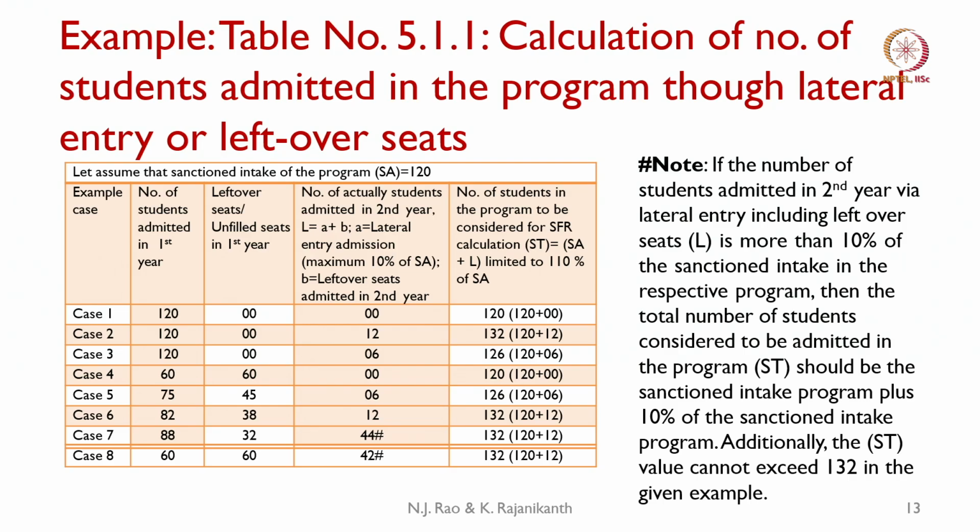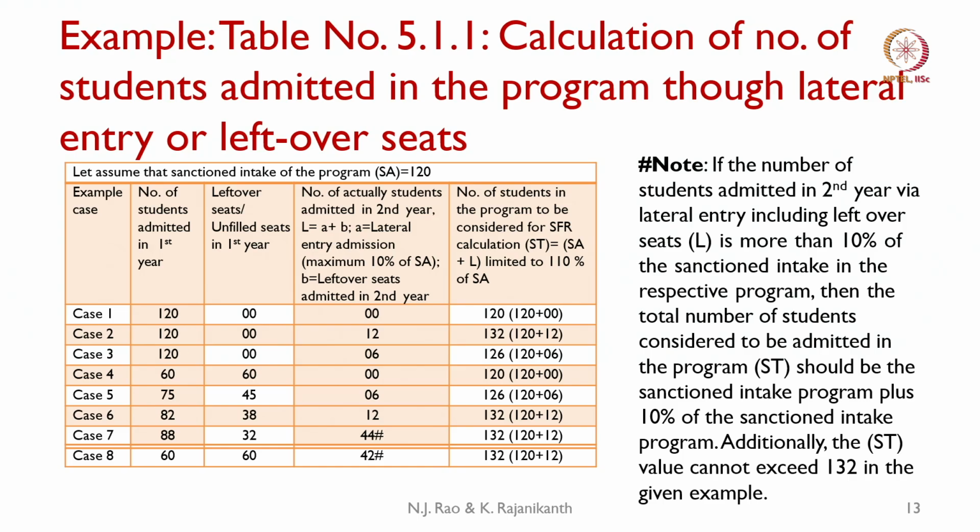Now, another interesting case would be case 5. Here the number of students admitted in first year is only 75. That means that there are 45 seats which have not been filled up in first year. So, leftover seats, unfilled seats in the first year are 45 because sanctioned intake is 120.